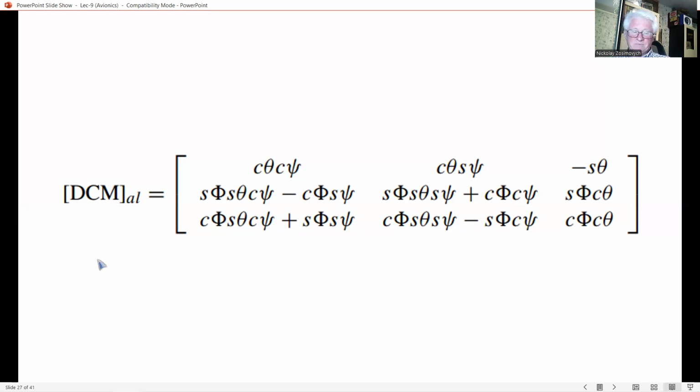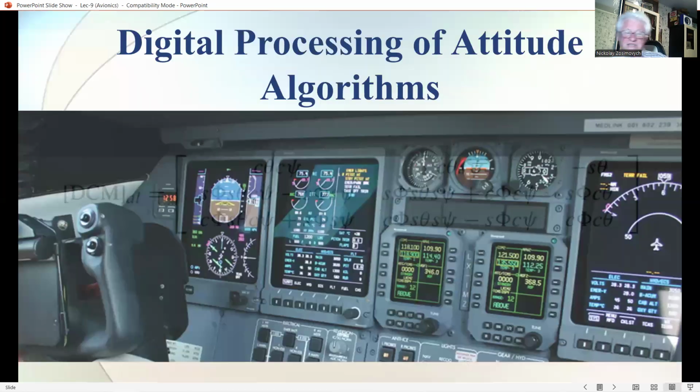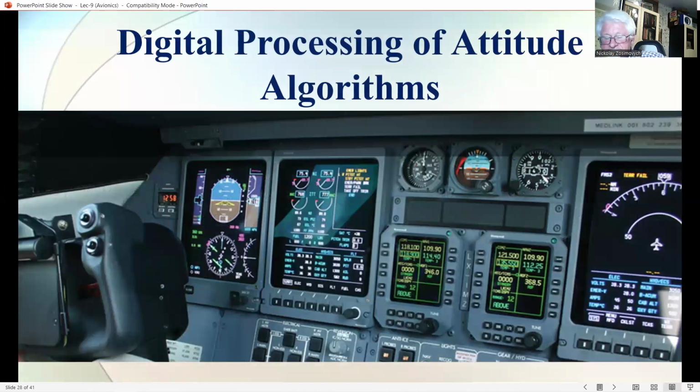And next, let's start another subtopic called the digital processing of attitude algorithms. In our case, the strapdown system accuracy is critically dependent on the accuracy of the digital processing involved in the numerical solution of the attitude algorithms.